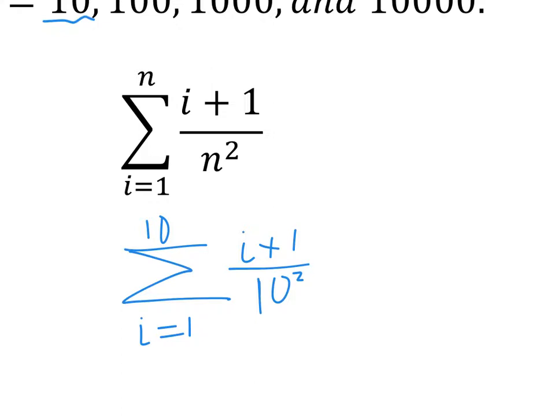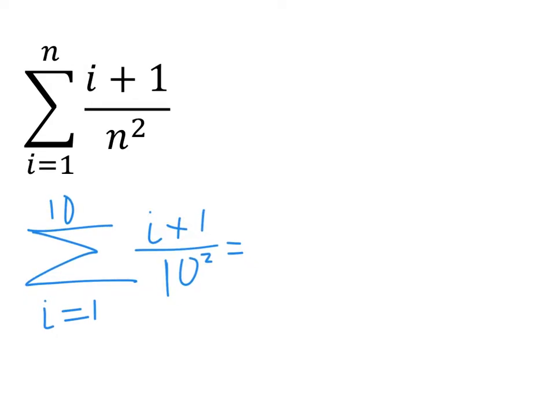If it helps, we can write this out a little bit. When i is 1, the first term is going to give us 1 plus 1 over 10 squared. Then, when i is 2, we put 2 in place of i.